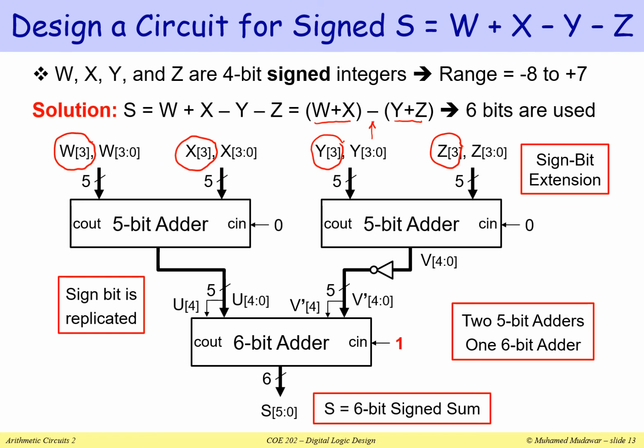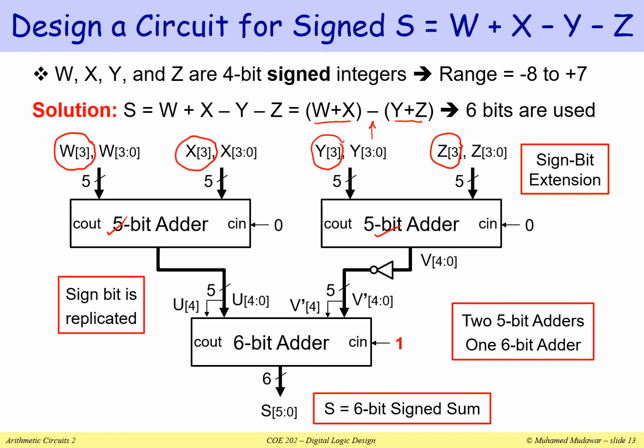This is sign extension. Bit 3 is the sign bit and it's replicated, so we are extending the numbers W, X, Y, Z from 4 bits to 5 bits. I'm using 5-bit adders to calculate the intermediate sums.